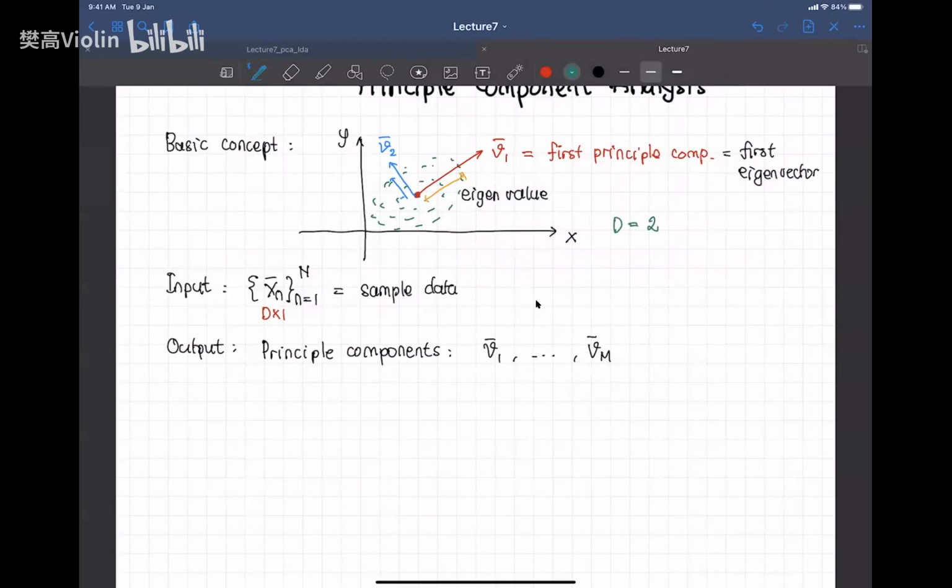And we want to find the first principal component up to m. So this is V1 until Vm. In this case, the dimensionality of the principal component is, of course, t by 1. And all of these are t by 1. All right. Any questions so far?